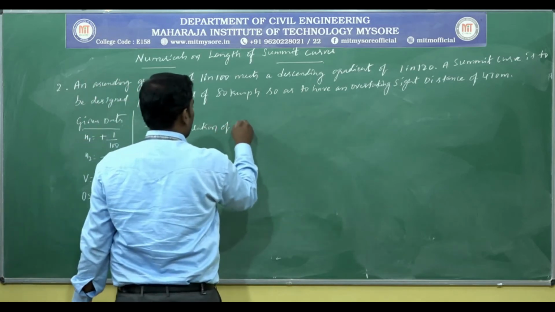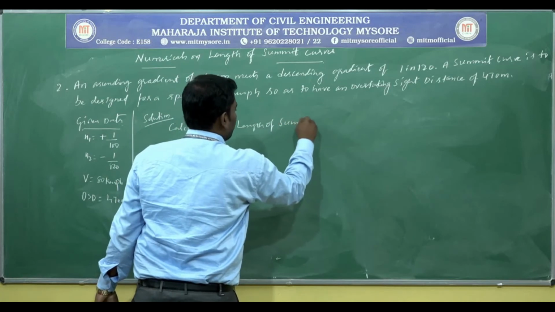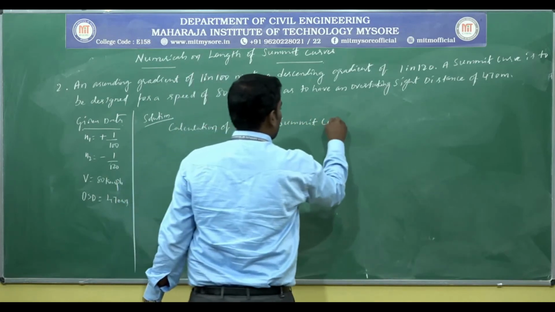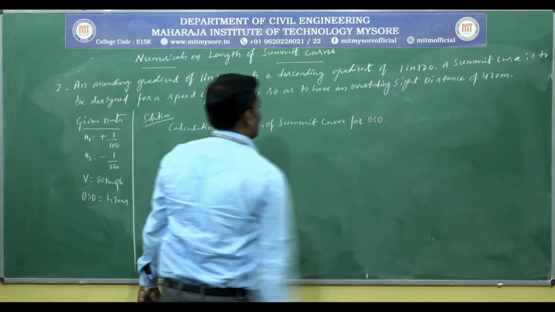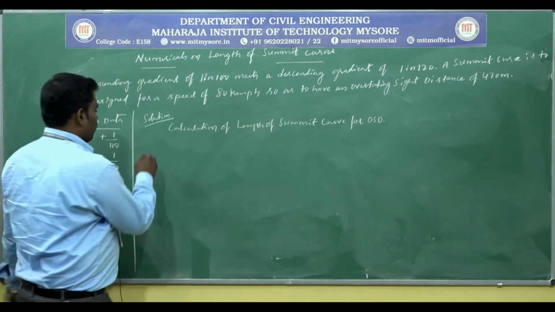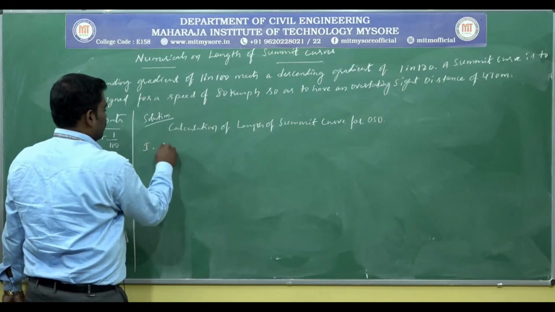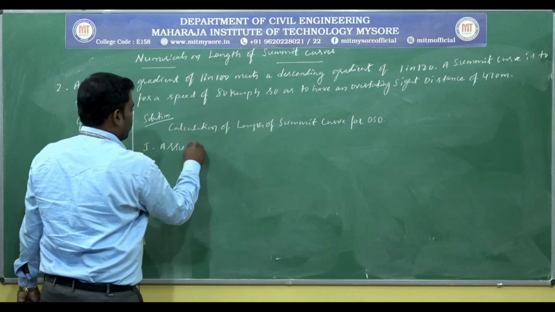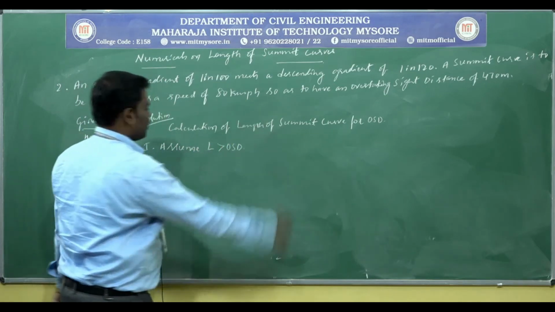Calculation of length of summit curve for overtaking sight distance. First case, assume the length of summit curve is greater than overtaking sight distance.